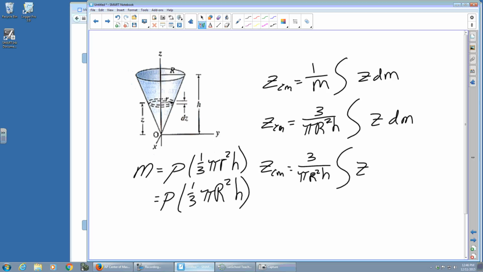Leave the z. And we're saying that dm equals rho dv. So in here we have rho. The volume is going to be pi little r squared dz. Little r is the radius of our disk. That's the thickness of our disk. So it's the surface area times the thickness of the volume.